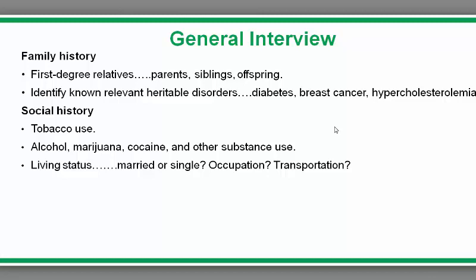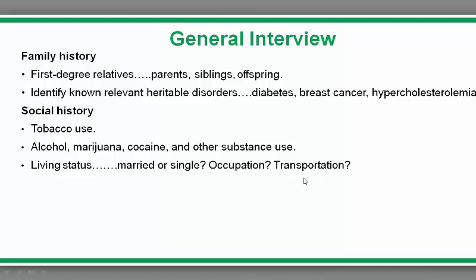So what type of occupation does the patient or client engage in? Is it one that requires excessive sitting or a high level of manual activities? Does the patient or client walk to work? Do they drive? Do they take public transport?